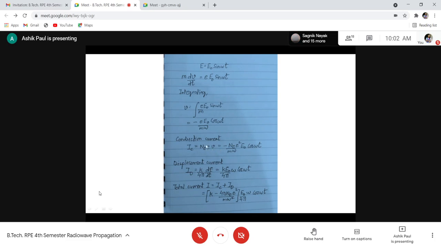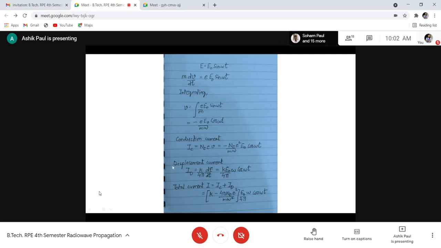So if you just put the value of V in this expression, this becomes something like minus N e squared by m omega into E naught cos omega t. So this is the expression for the conduction current.